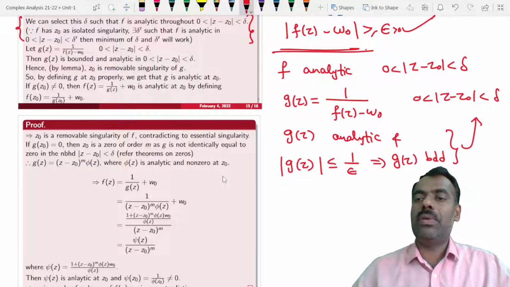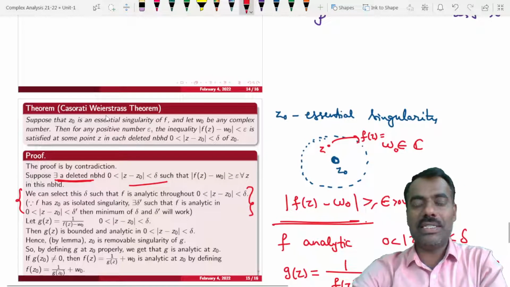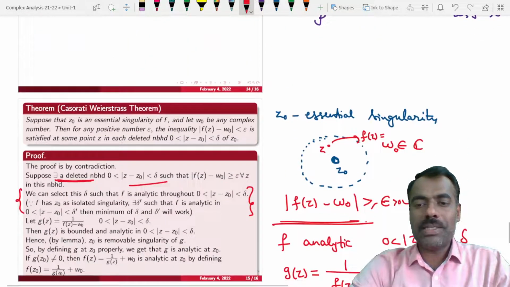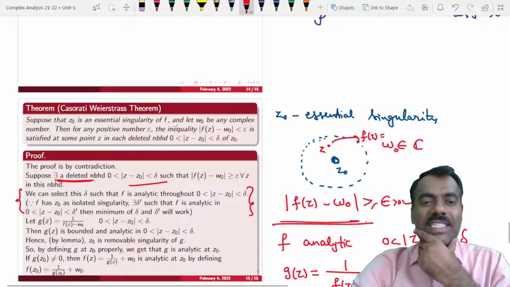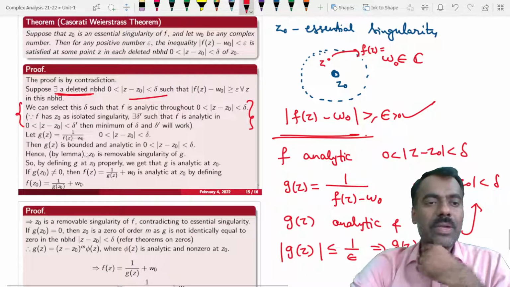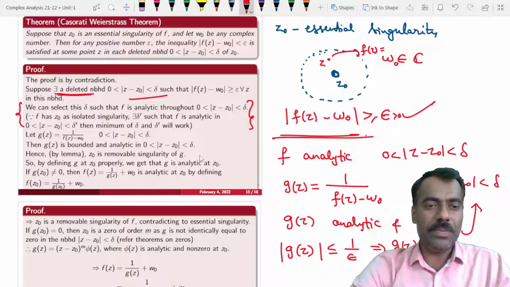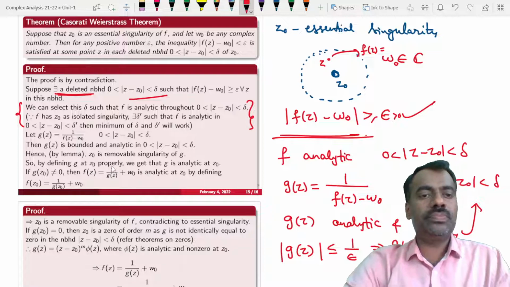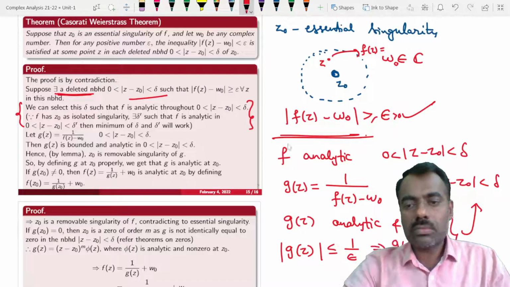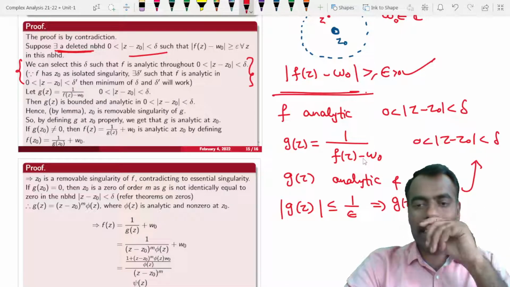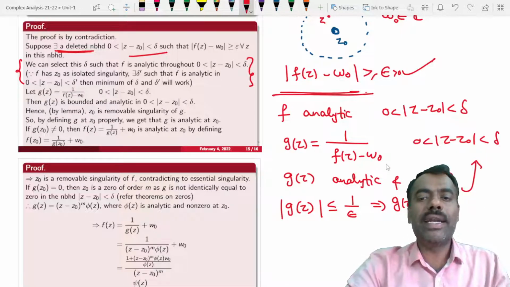So by the previous theorem, Riemann's lemma, we know that z naught is a removable singularity of g. See, wherever f is not analytic, g is also not analytic at that point.